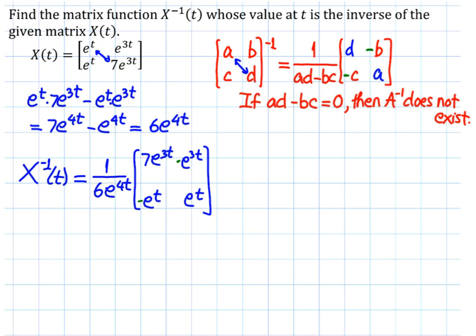And then if we bring the 1 over 6 e to the 4t inside, we should have 7 over 6 e to the 3t over e to the 4t. Dividing, we subtract the exponents, so that becomes 3t minus 4t, which is negative t, so e to the negative t.